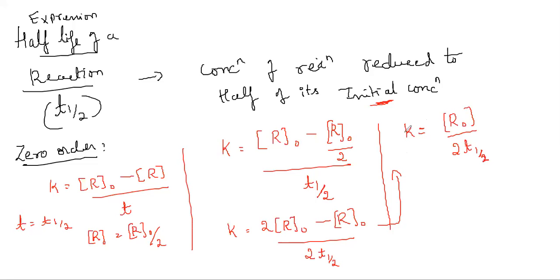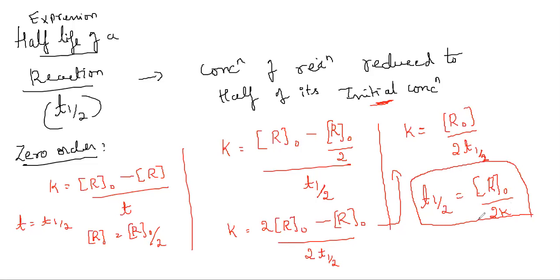Now t half is equal to R naught by 2k. So this is the equation for the zero order reaction.